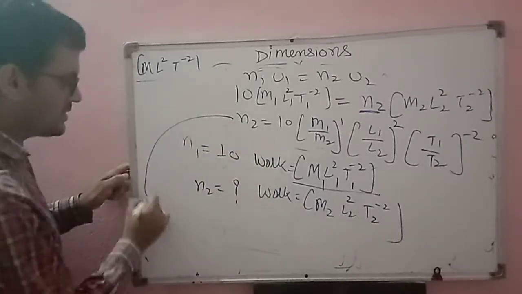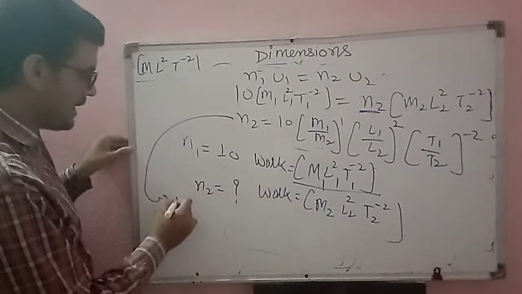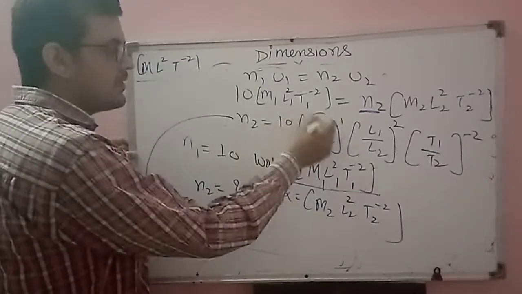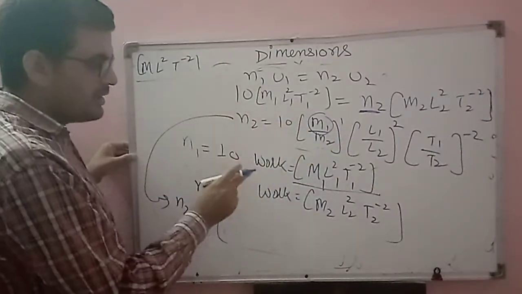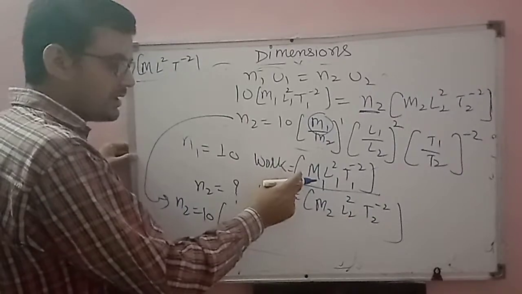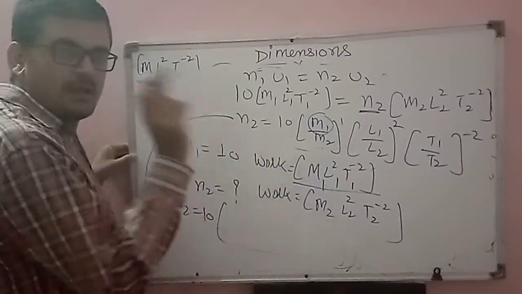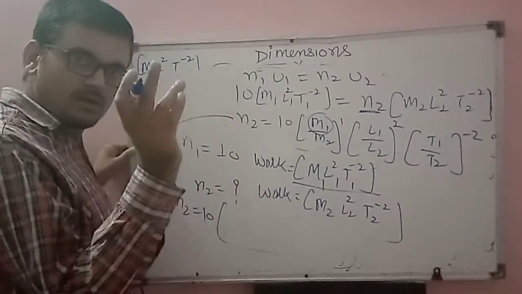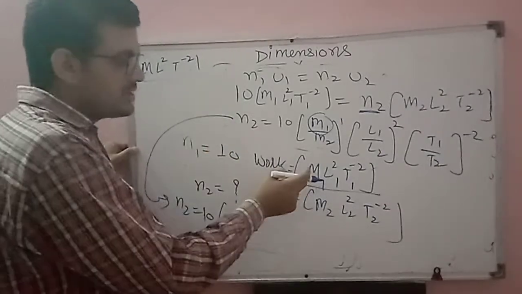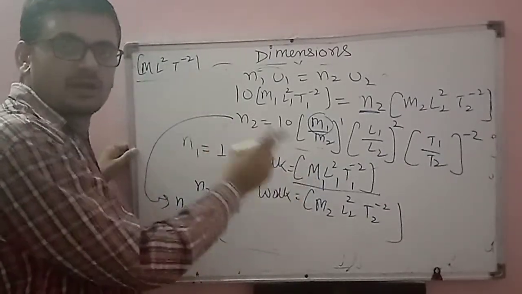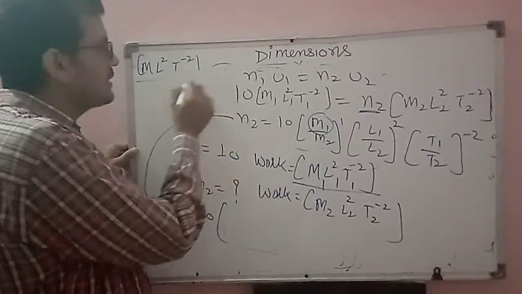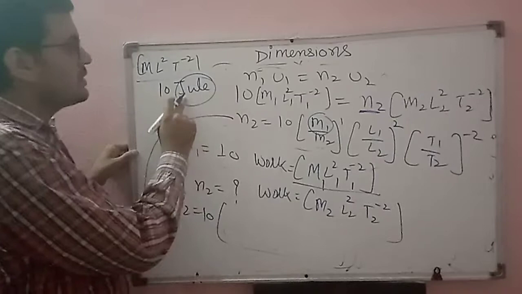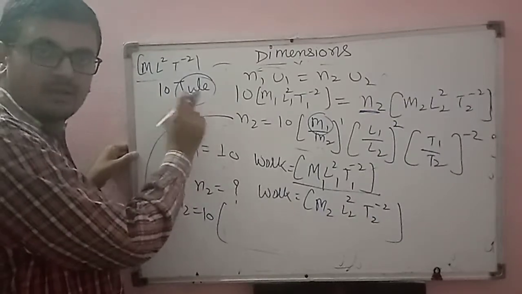So, I am solving this question here. N2 equal to 10. Beta, what is this M1? Mass. In which unit system? I have told you, you watch my video, or I think you have noted, this M1 is representing kilogram because we have 10 joule. So this is the MKS system, meter kilogram second.